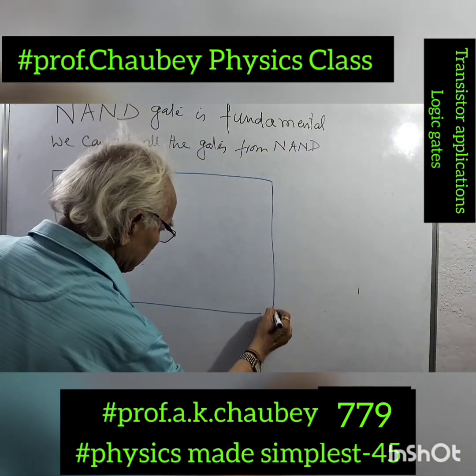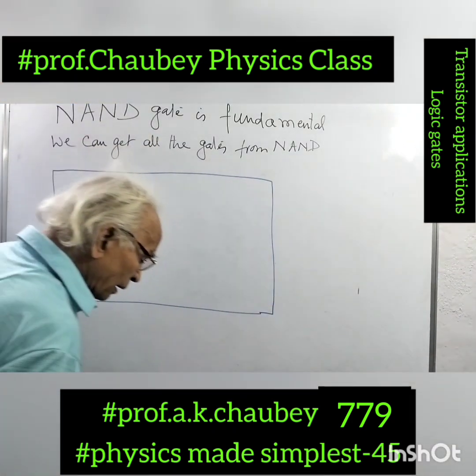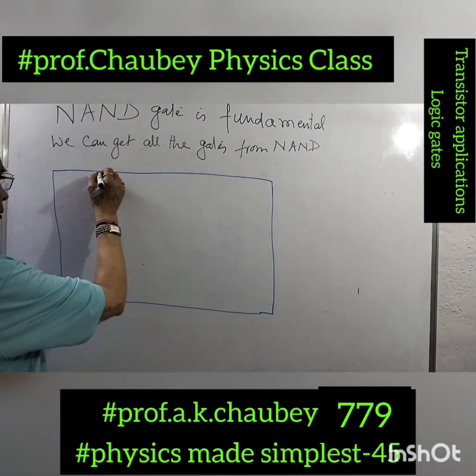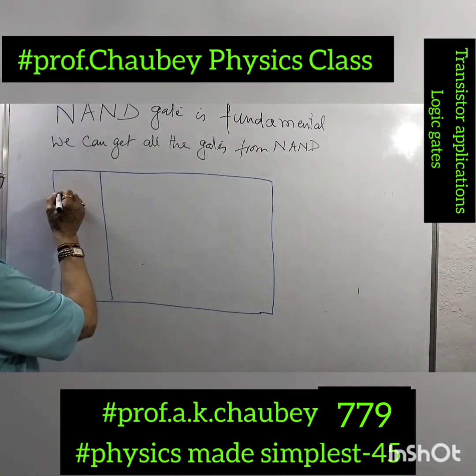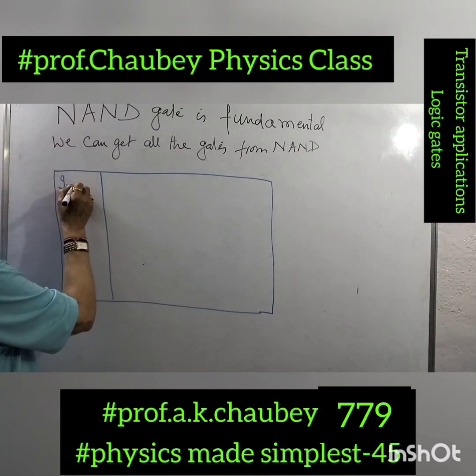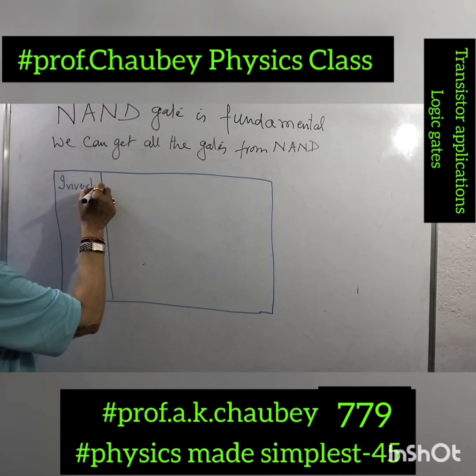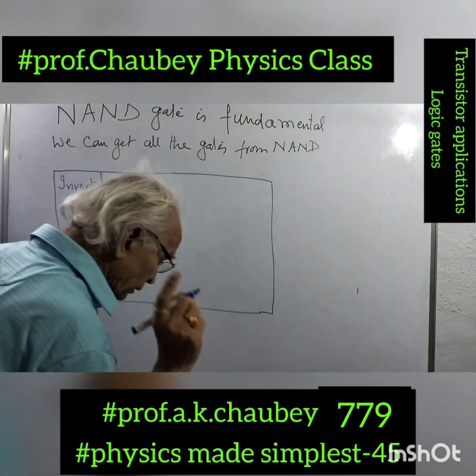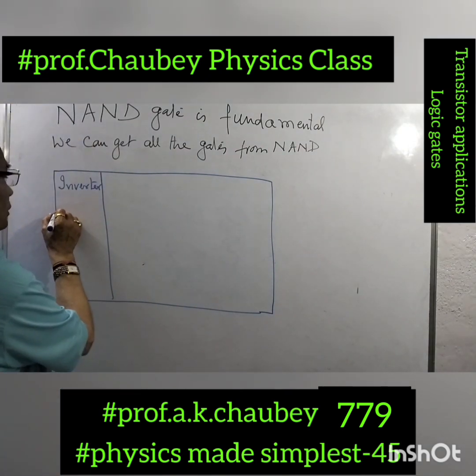This is the table here, and the table is like this. Here I write, say, inverter. What is inverter? NOT gate. So inverter is NOT gate.